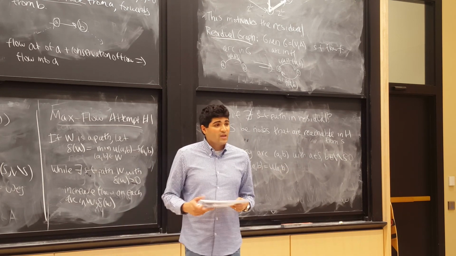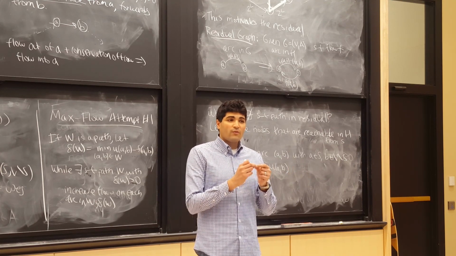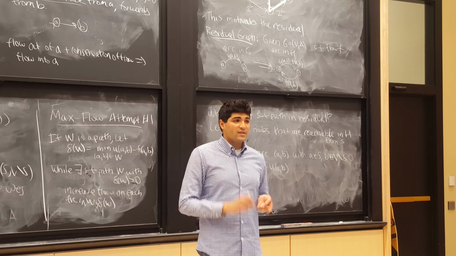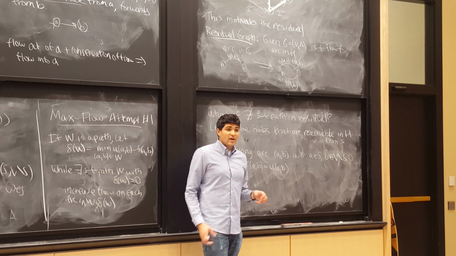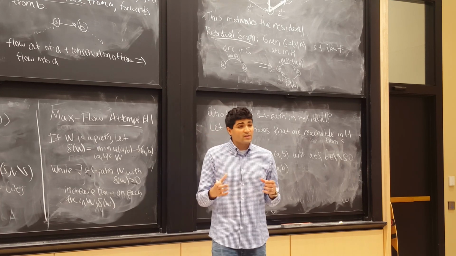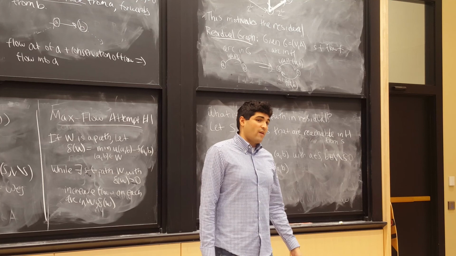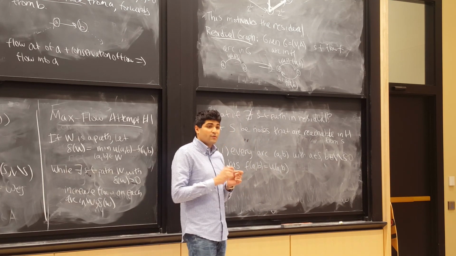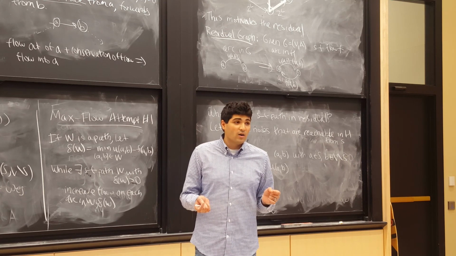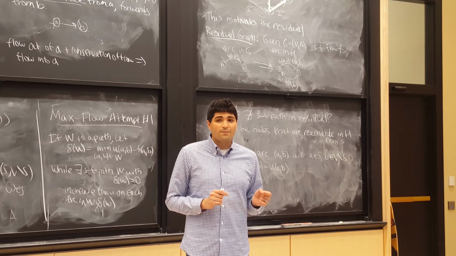So why should that be the case? If we took this Ford Fulkerson algorithm and we got to the end, where we can't find any path in the residual from S to T, and we define the set capital S now as all the things that the residual can still be reached by S, why is it true that at the end we really do have this condition that now every arc that crosses from S to S bar is completely saturated and we've pushed as much as we possibly can?